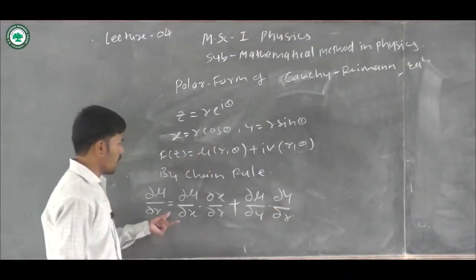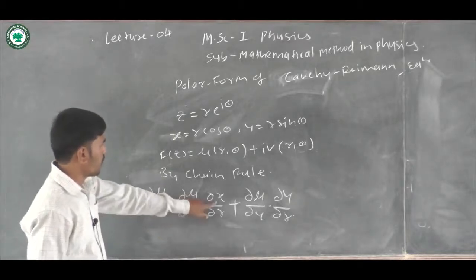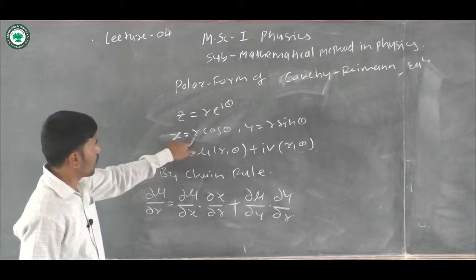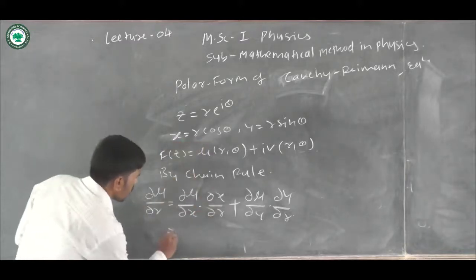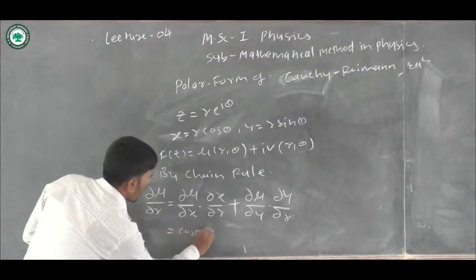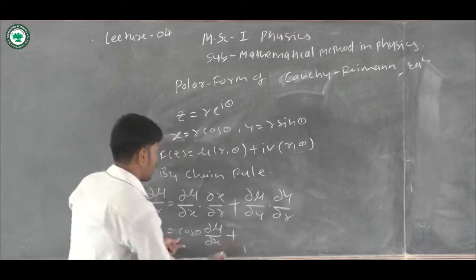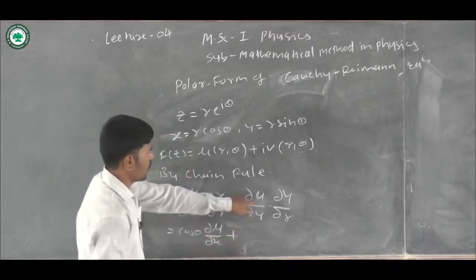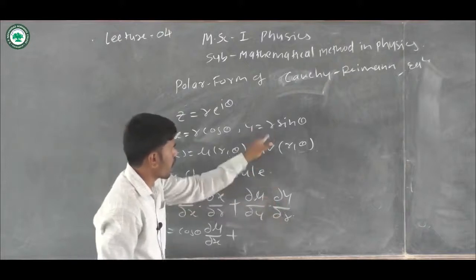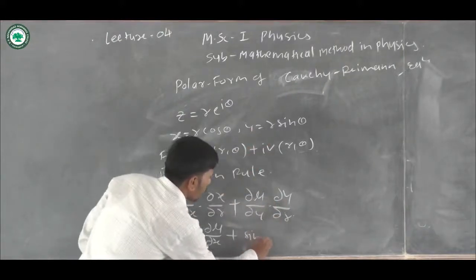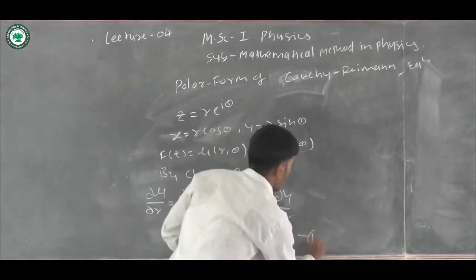Okay, this is the first equation. Differentiating x = r cos θ with respect to r, we can rewrite this as cos θ ∂u/∂x plus, differentiating y with respect to r, sin θ ∂u/∂y. Okay, this is equation number one.